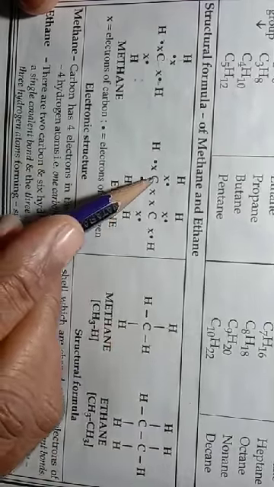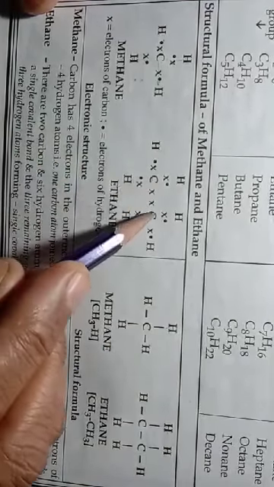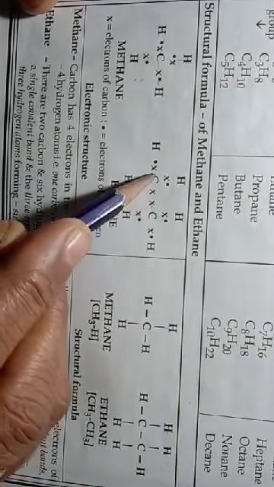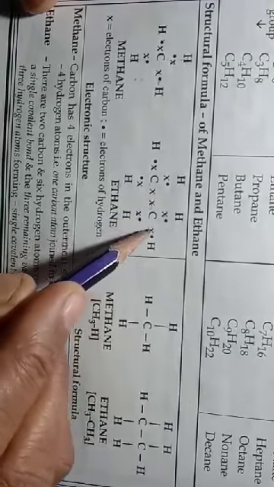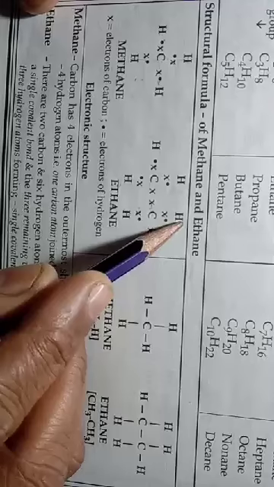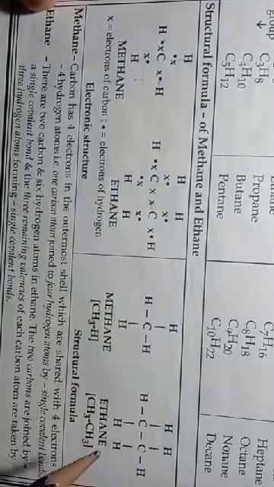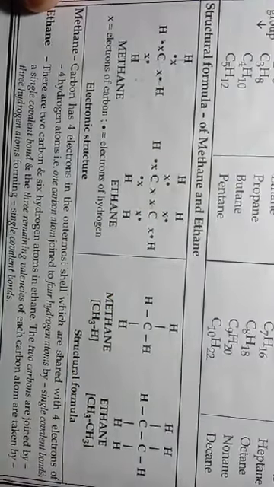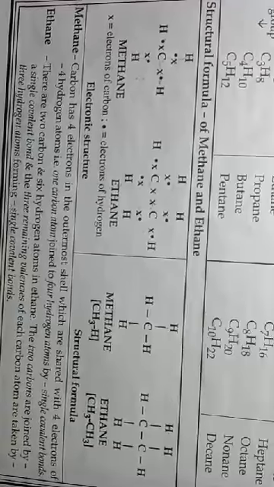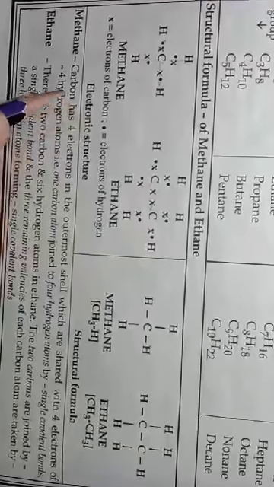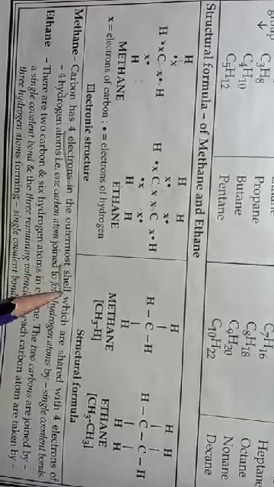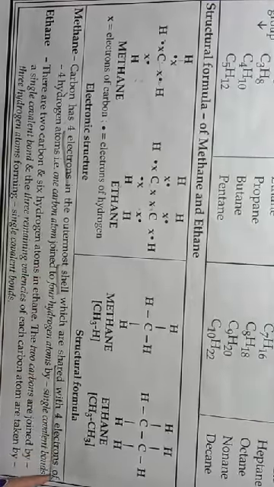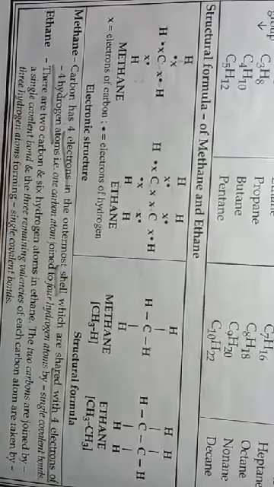In the same way in ethane, 2 carbon atoms share 1 electron each, and the remaining 3 electrons of each carbon are shared by 1 hydrogen each, and that is why ethane is formed. So in methane, carbon has 4 electrons in the outermost shell, which are shared with 4 electrons of 4 hydrogen atoms.